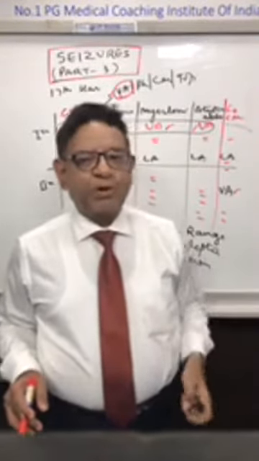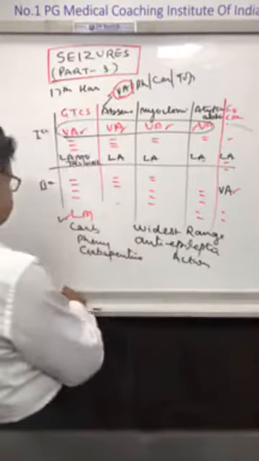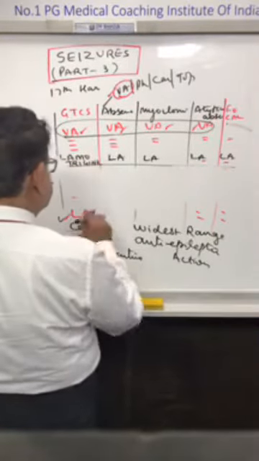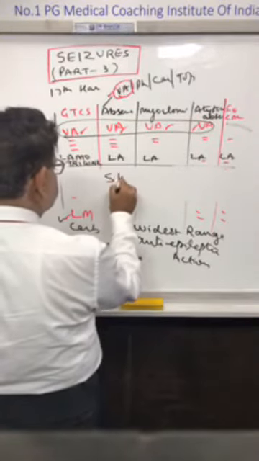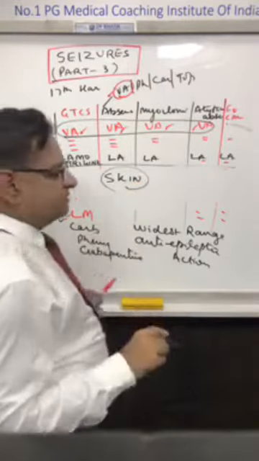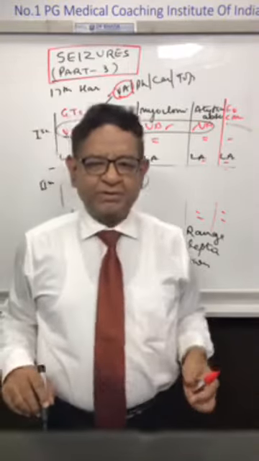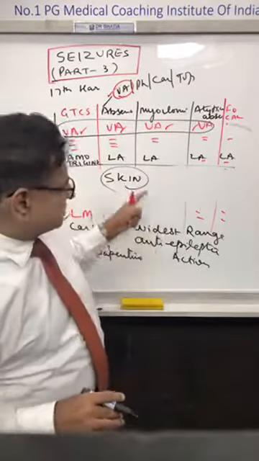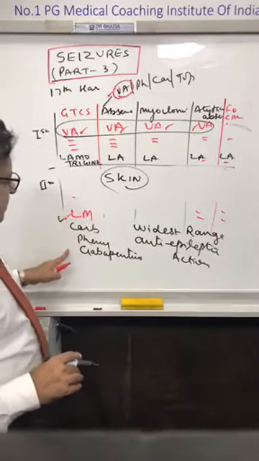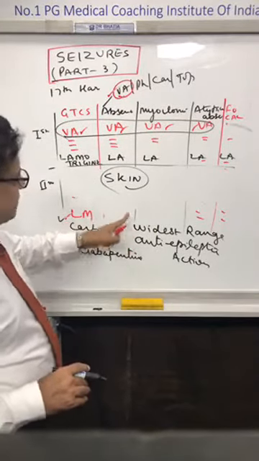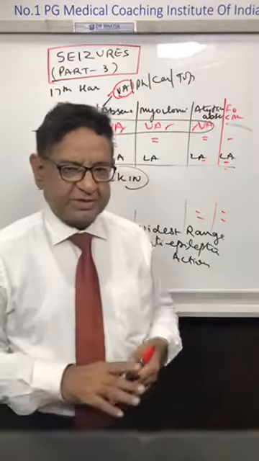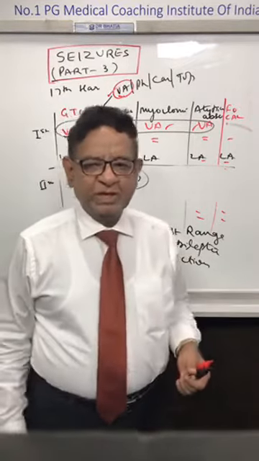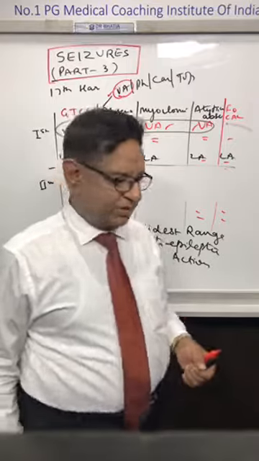But there is one big problem with Lamotrigine: it can lead to extensive skin side effects, extensive exfoliative dermatitis, and it can even lead to extensive necrosis. That's one big drawback of this drug. Otherwise, for first line treatment or widest range of anti-epileptic action, the answer remains Lamotrigine. Got it? So till now, you have to remember only two words: valproate and Lamotrigine.